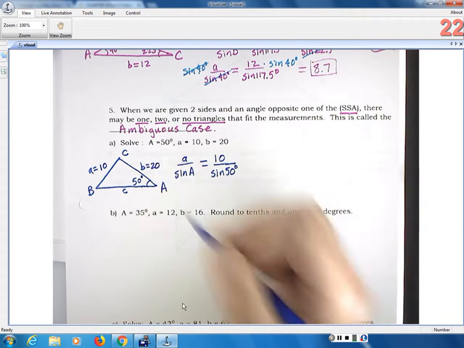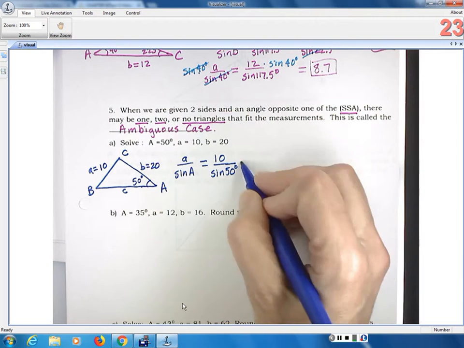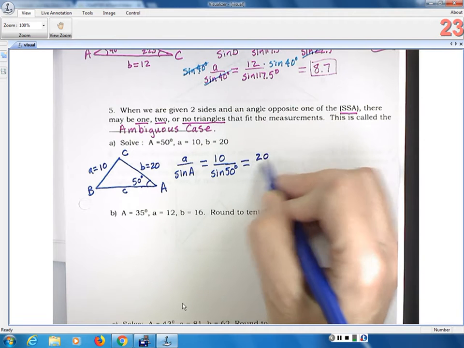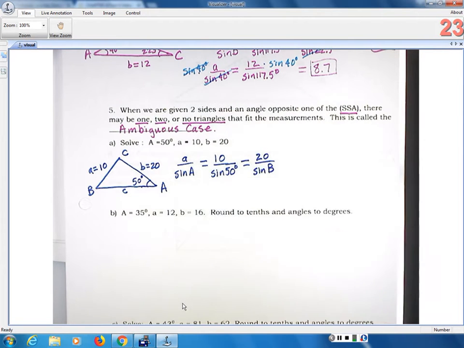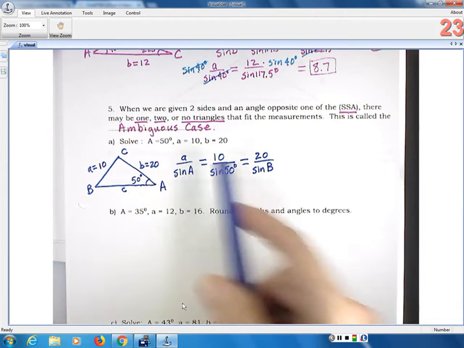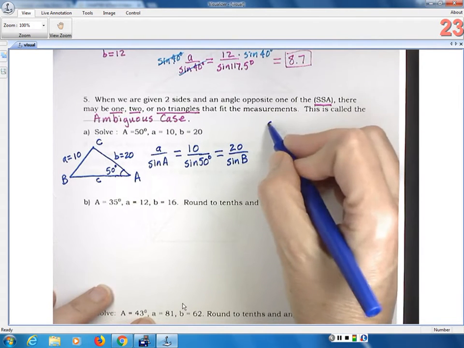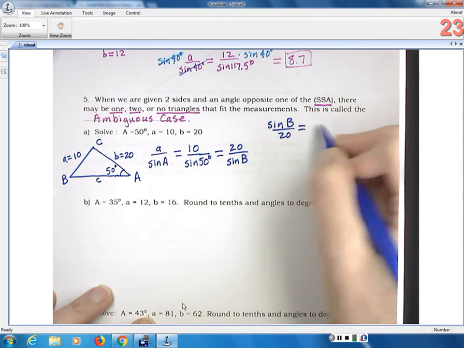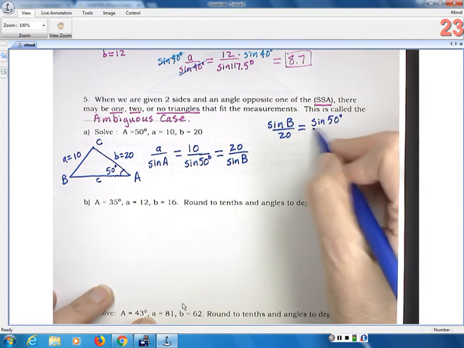Okay? So B is 20, and we don't know angle B. So we could solve this either by cross multiplying, or we could have flipped the whole thing. If I rewrite it up here, sine of B over 20 equals sine of 50 degrees over 10.